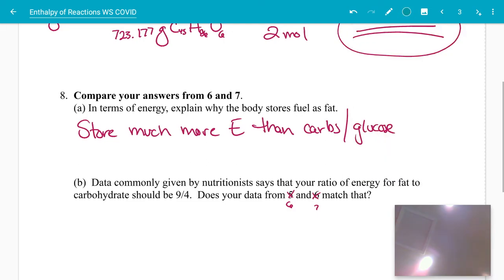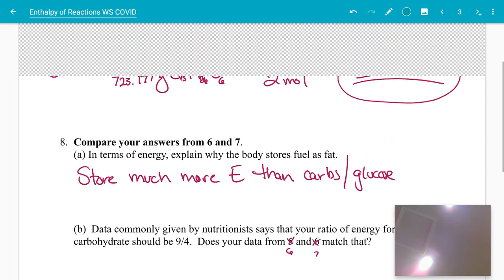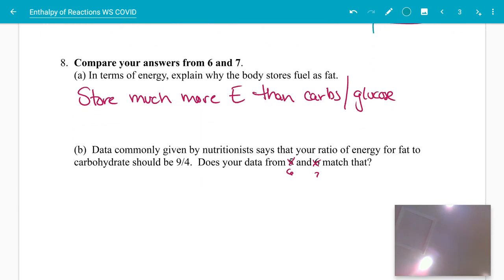So let's take a look. We're going to basically do a ratio, the fat to carbohydrate. So fat is going to be on the top. When we did the calculation, the fat released negative 38.47 kilojoules, whereas the glucose released 15.56 kilojoules, which if you divide the two, we get a ratio of 2.47.